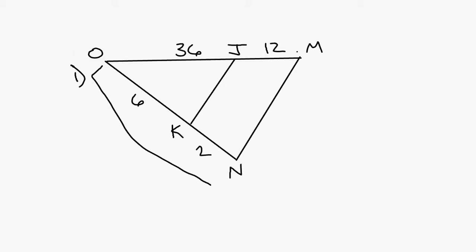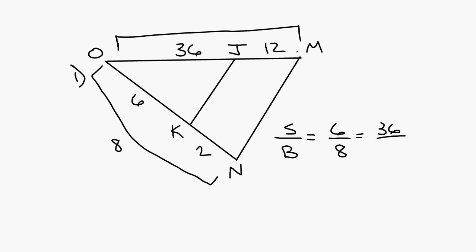So our small to big is going to be equal to, the left side of the small triangle is 6. The left side of the big triangle is 8. So 6 to 8. Does that equal 36 to, we need the big side up top, which is 48. Okay?